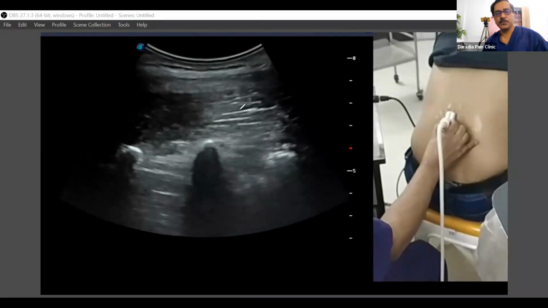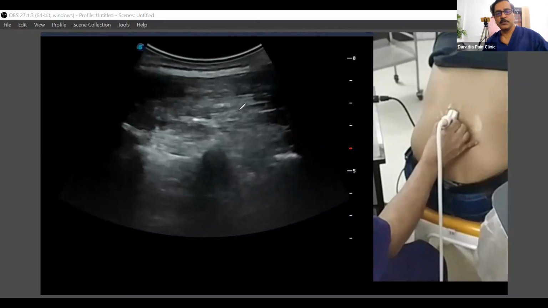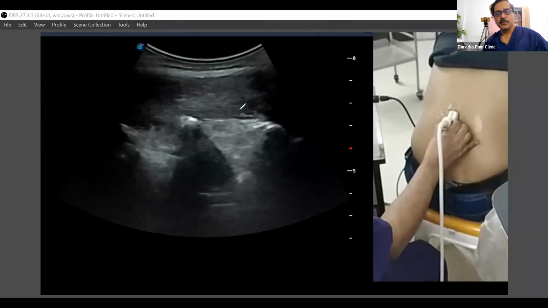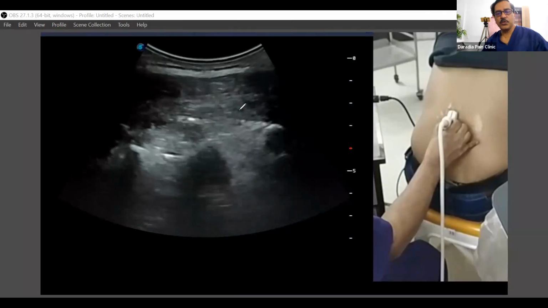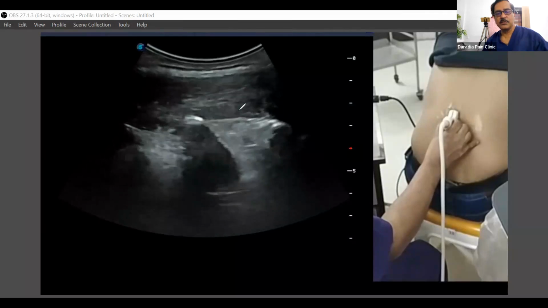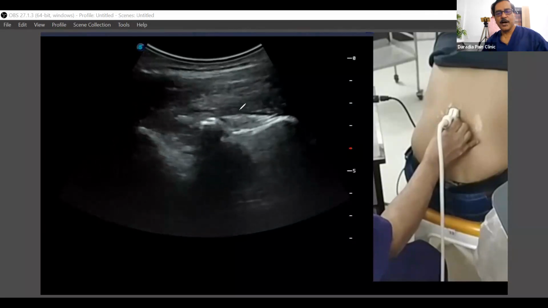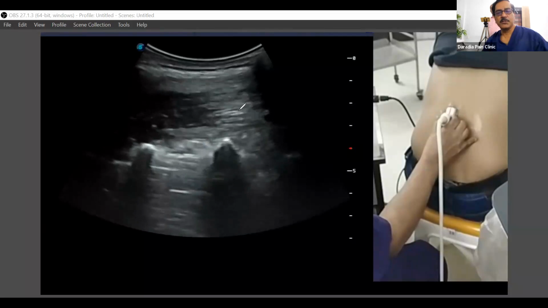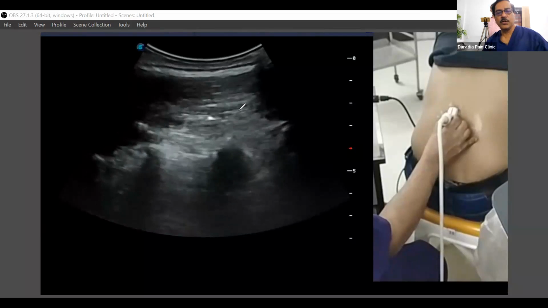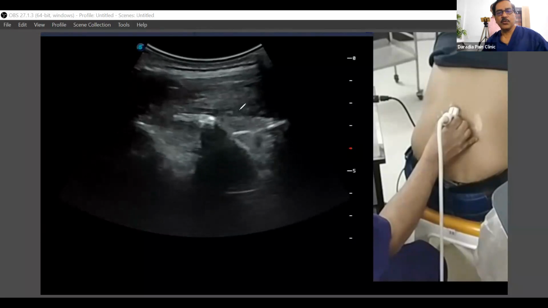And I am just slowly going. So here, transverse process, I'm slowly going towards the articular process view. So here, transverse process, and I'm slowly going to the articular process. So here, the articular process.